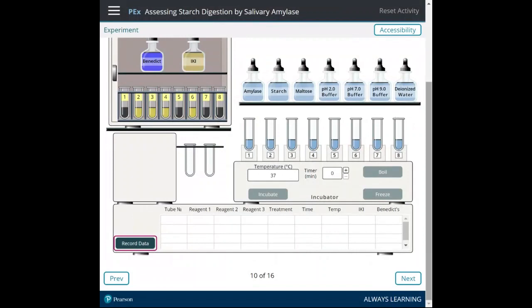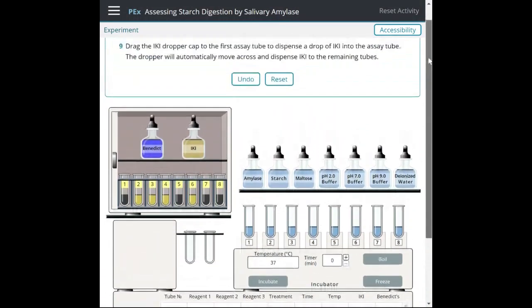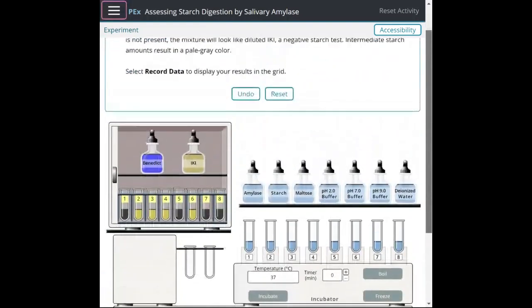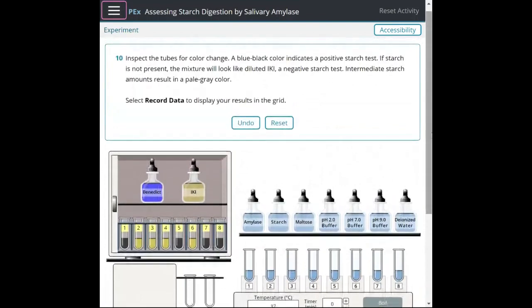What'd you guys notice? What happened to the color of our samples? Did they change? Okay, remember, blue-black indicates presence of starch. If it still looks like the same orangey color as the iodine, then that's a negative starch test.